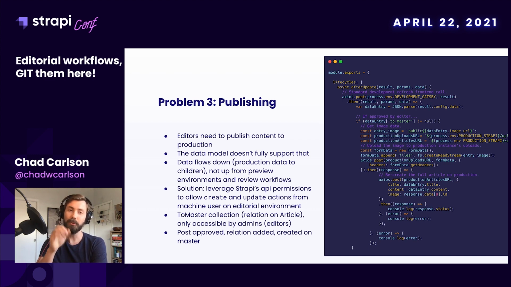And then using the response from that, I'm going to get that image ID and then just recreate an article. It's the same article on my development branch that's been approved and has been looked over by our editorial team, by our editor, and it's just reposted to the production instance.